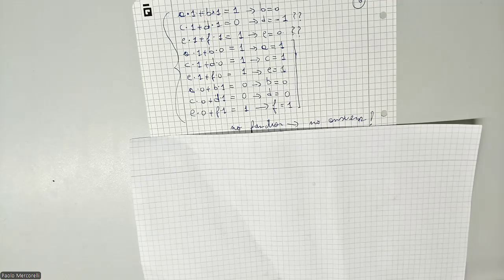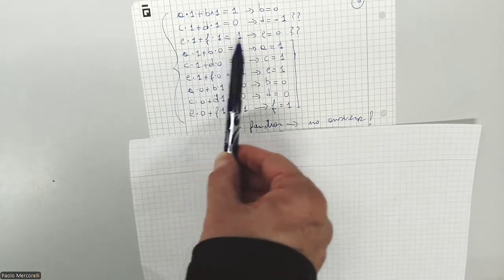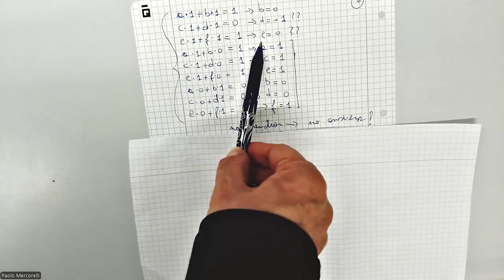Now, if you look at the list on the left, we can see, for instance, that for line number 4, thanks to the 0 here, I can say that A is equal to 1.